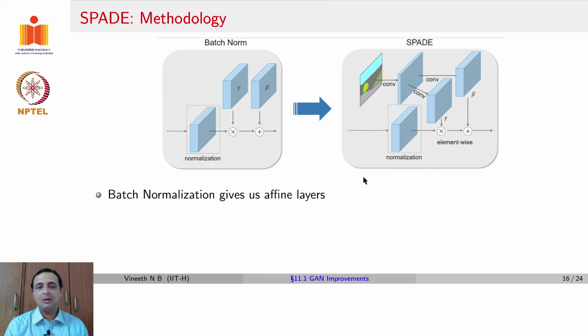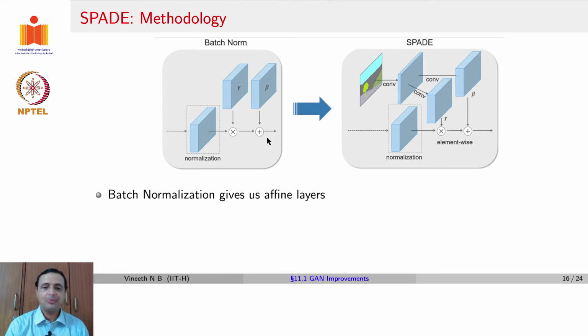In the standard batch normalization layer, you could look at the output as going through an affine transformation. You scale up the value and you add a constant, which is the standard batch norm operation, where you have a value, you multiply it by gamma and add a beta, which together define an affine transformation.